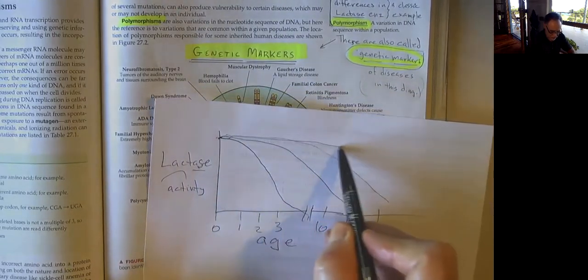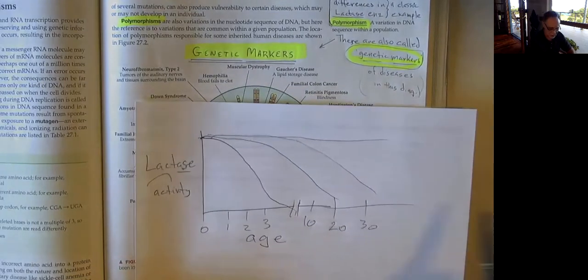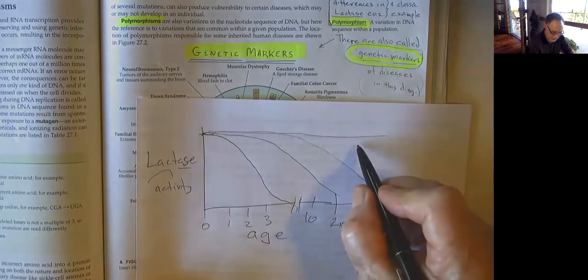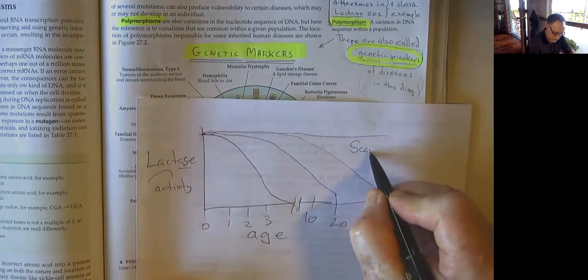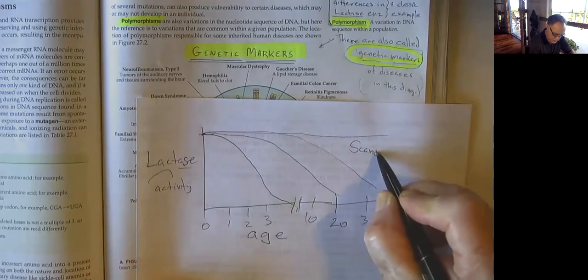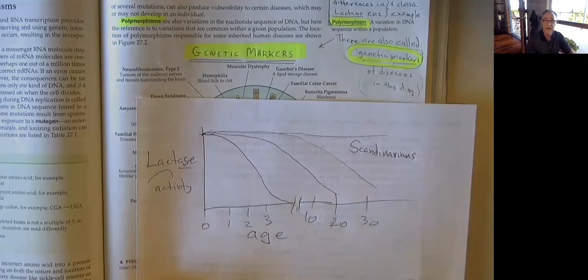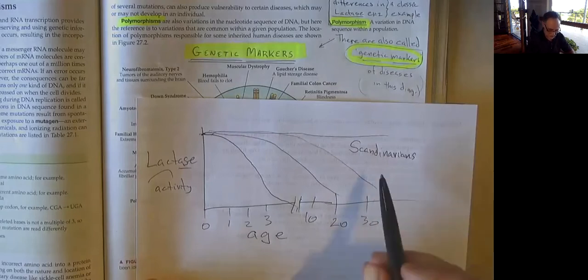And then there are these folks here, and their lactase stays high pretty much throughout life. And that's found commonly in the Scandinavian folks. So these are folks that live way up in the north, Norway, Sweden, Denmark, Iceland, like that.